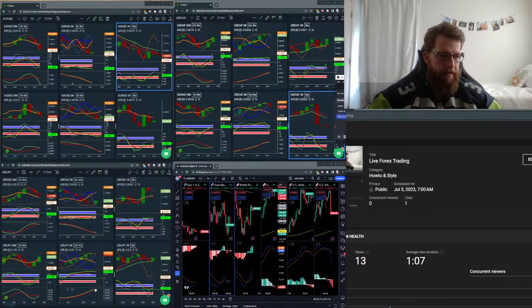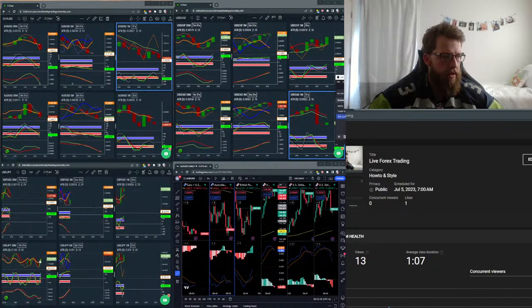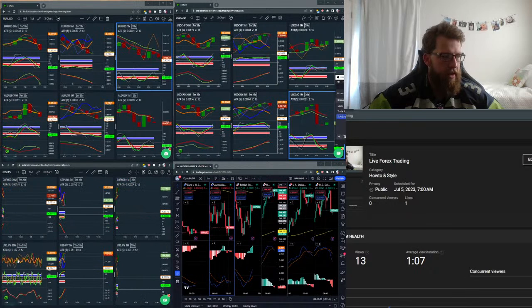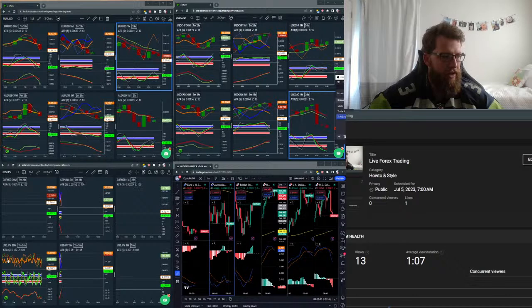So I could see this just kind of being a minor pullback and maybe, I was going to say, maybe a longer downtrend. I mean, I wouldn't necessarily say that's very downtrendy, but if you go back pretty far, it is lower than what it was.